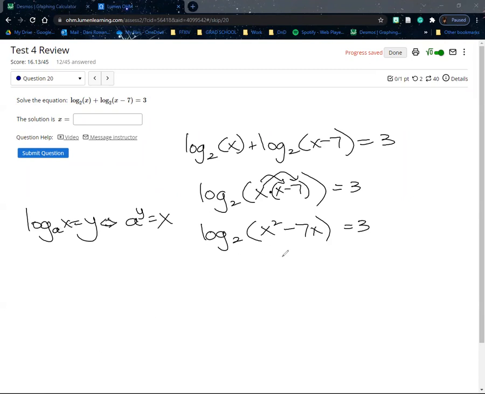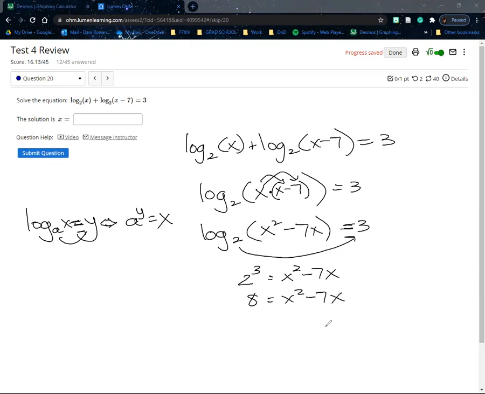So a to the y equals x. So 2 to the 3 equals x squared minus 7x. What is 2 to the third power? 8. 8 equals x squared minus 7x.